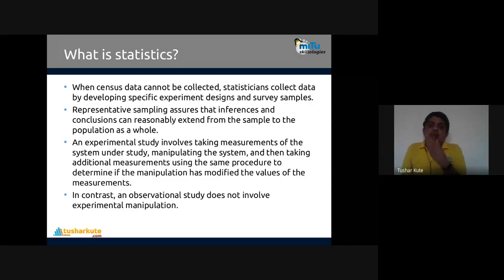Now see, when census data cannot be collected, statisticians collect data by developing specific experiment designs and survey samples. Is it possible? Do you know that the census means population count? The population count was scheduled in 2020, 2021.